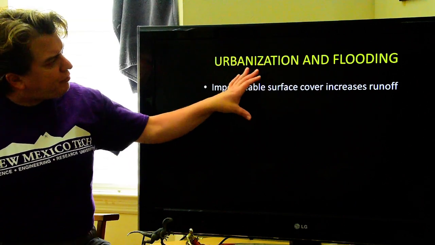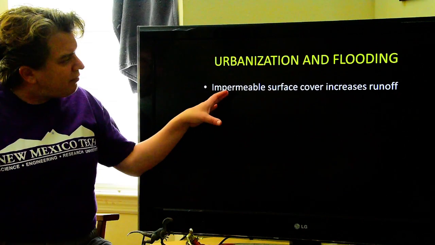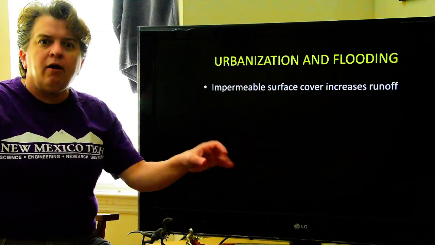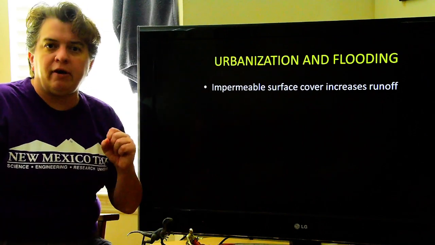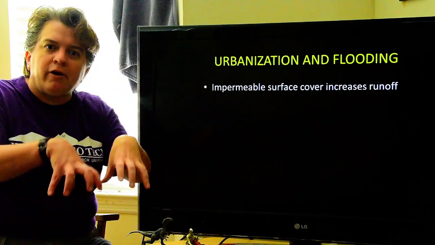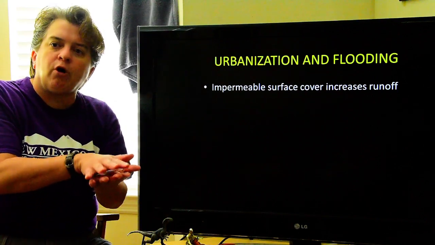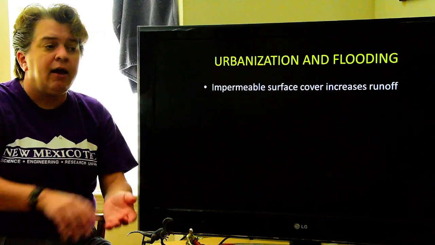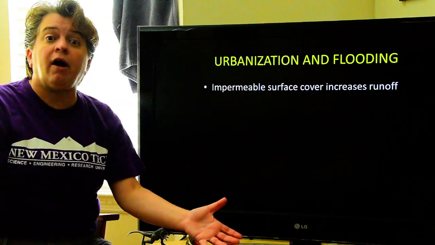Well, the big thing that happens when you urbanize an area is you cover the area with impermeable surfaces, right? That concrete of the parking lot, water can't infiltrate that. It can't penetrate that. That's what impermeable means. The water can't go through that. When that was soil, water could soak in and go join the groundwater.